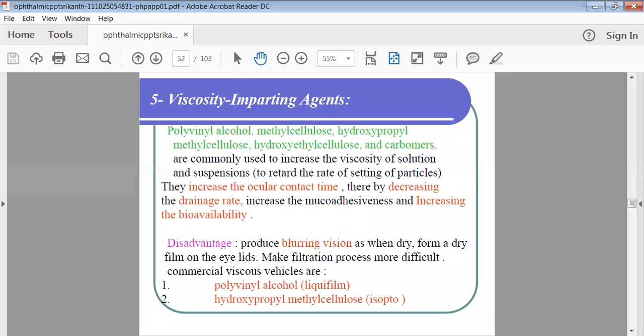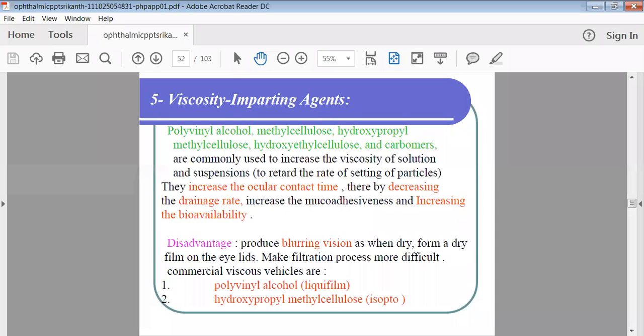If you are adding normal distilled water or a normal fluid, which does not have the required viscosity, then it will easily flow down from your eye cavity. So it will not have more bioavailability. But if you have increased the viscosity of that preparation, then it will have more contact time with your eyes. So this is the first advantage of the viscous preparation.